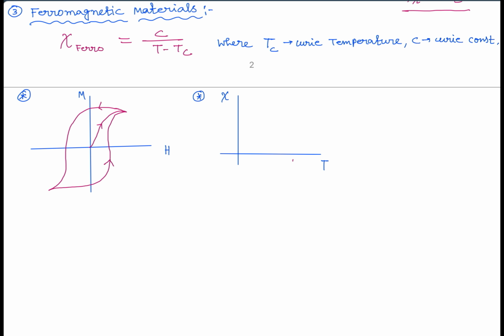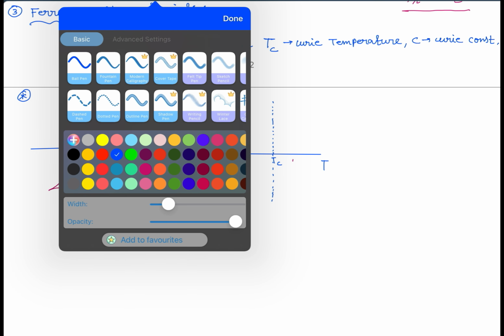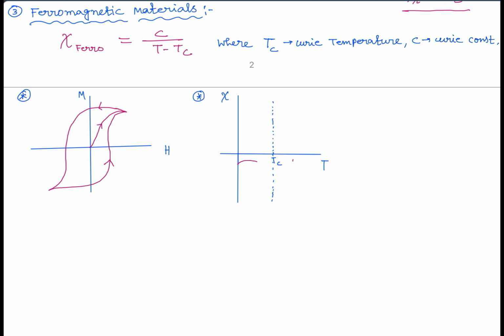Chi versus temperature T. Below Tc the graph looks like this. Above Tc the graph looks like this.